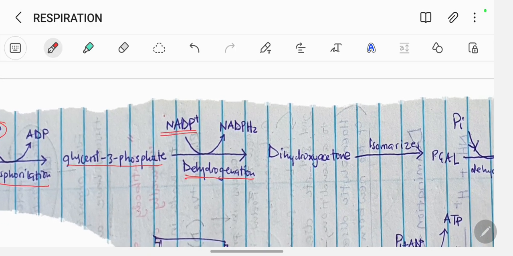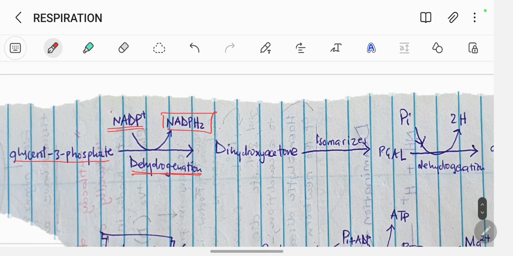So as we dehydrogenate it, forming reduced NAD, we are going to form dihydroxyacetone. You remember that isomer of PGAL. So this dihydroxyacetone is a ketone.